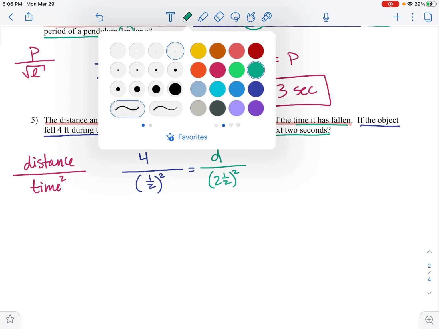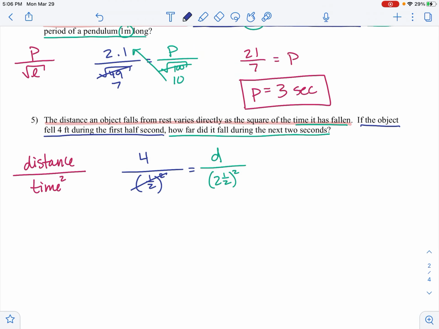First thing I will do is I will square 1/2. That's going to be 1/4. 2.5, I'm going to rewrite as 5/2, and then I'm going to square it. And so this becomes 25/4. You do, in fact, know how to deal with a fraction divided by a fraction, but don't do it. It's a lot nicer to just cross multiply in this case.